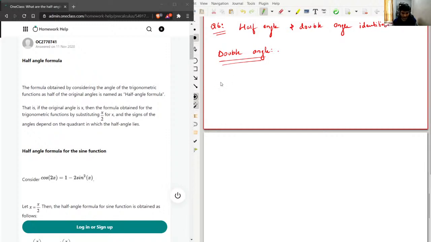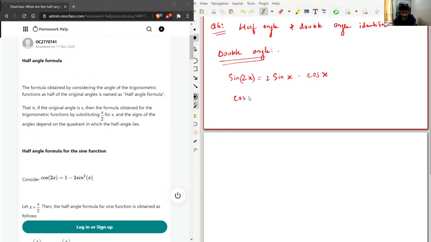So there is not pretty much to explain. Sine, let's say 2x. Again, if I have the trigonometric ratios for sine x, cosine x, and tangent x, then I can write sine of 2x will be, sorry, it will be sine x only, 2 times sine x times cosine x.